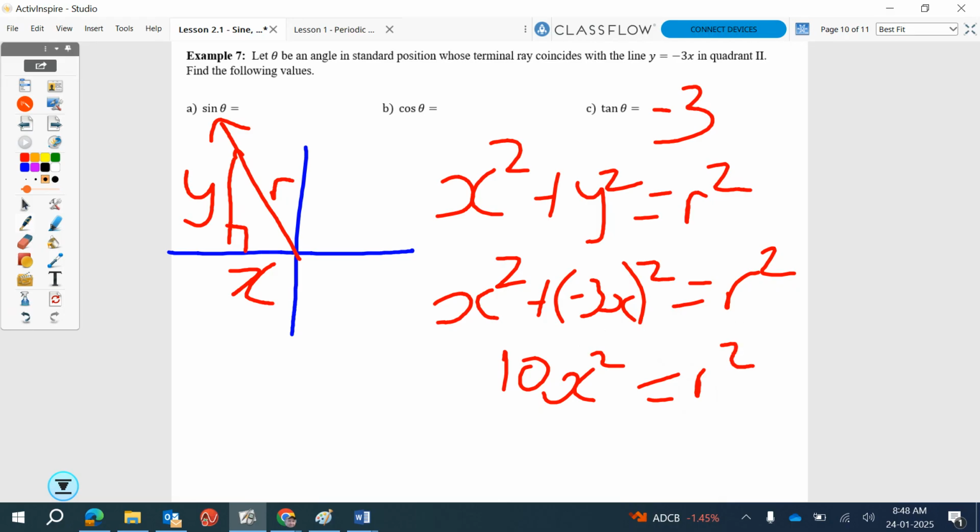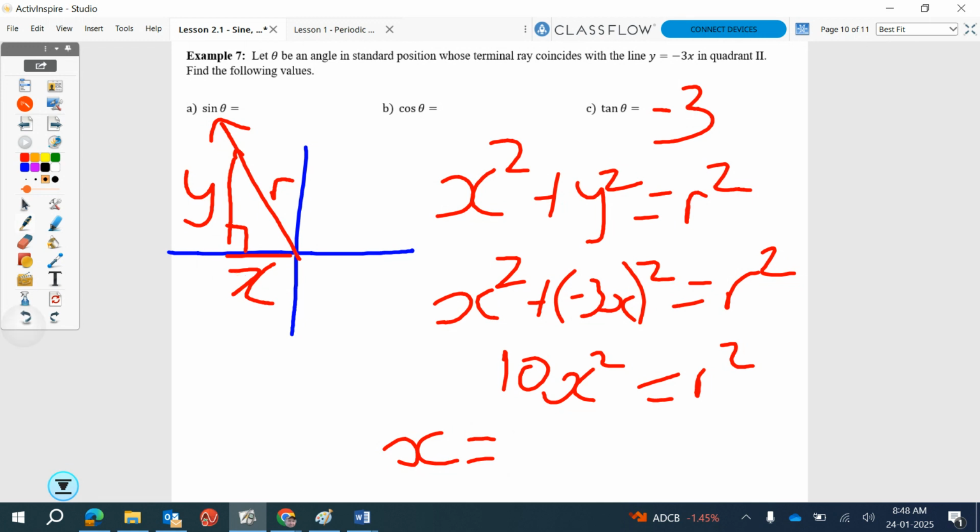Which means that x, depending on how big the circle is, x is going in this direction, so it has to be negative. Because we're square rooting, you get plus minus. Sorry, I'm going too quick. Let me rearrange this one a little bit.